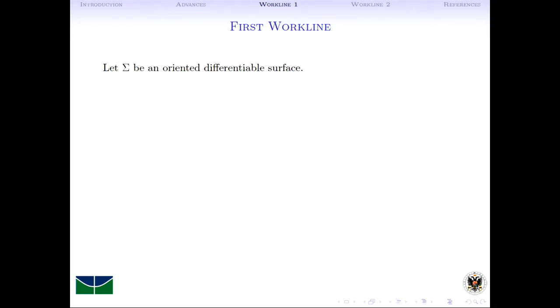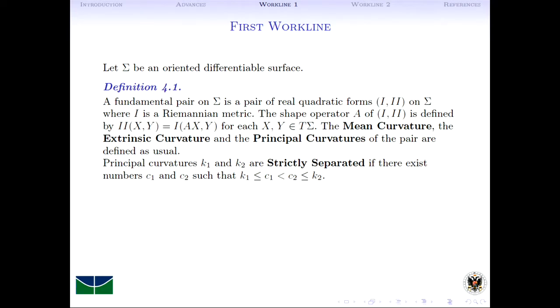Now I'm going to introduce some results concerning space forms. Let sigma be an oriented smooth surface. I'm going to explain some concepts we have to know to understand these results.